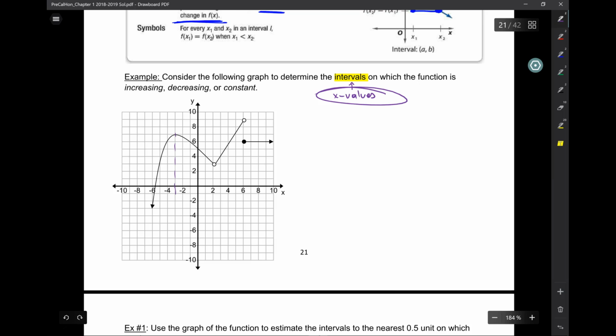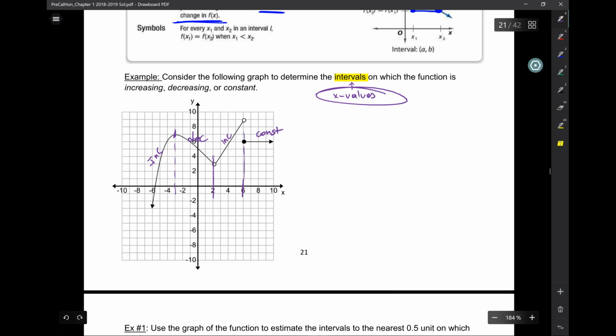We are the least concerned with the y values. It's all about the x. So it's increasing here. Then it starts to decrease until here. And then it starts to increase again until here. And then it's constant.